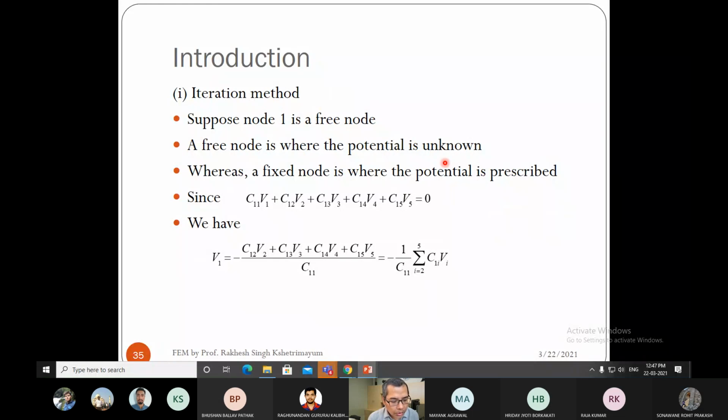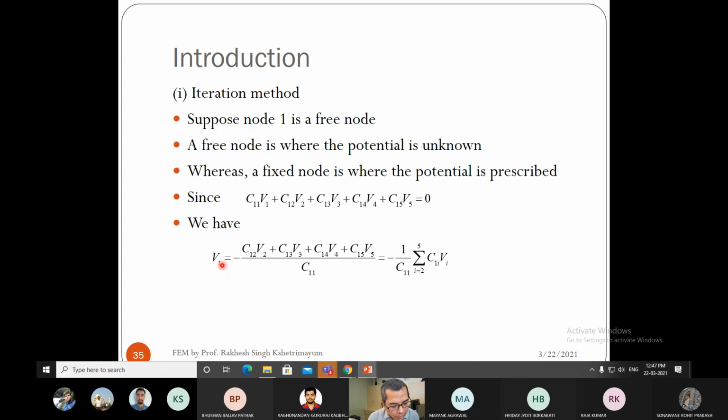So from this equation, if I want to find B1, and if I know B2, B3, B4, and B5, I can easily find B1 as minus C12 B2 plus C13 B3 plus C14 B4 plus C15 B5, divided by C11. So I can write this in a very compact form: minus 1 by C11 summation i going from 2 to 5 of C1i Bi.